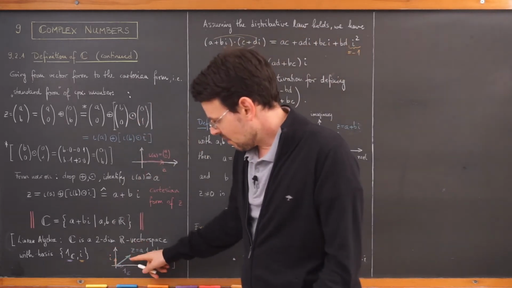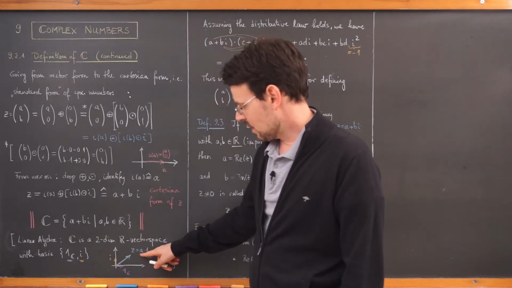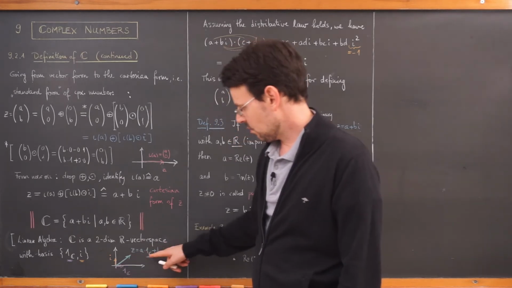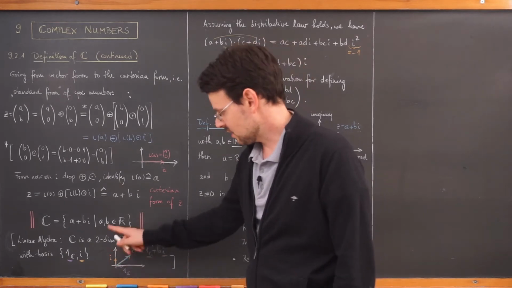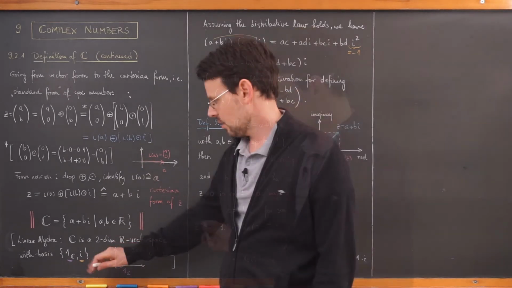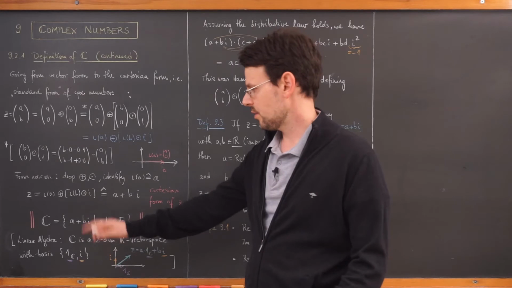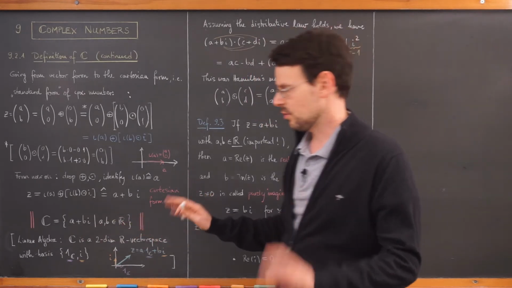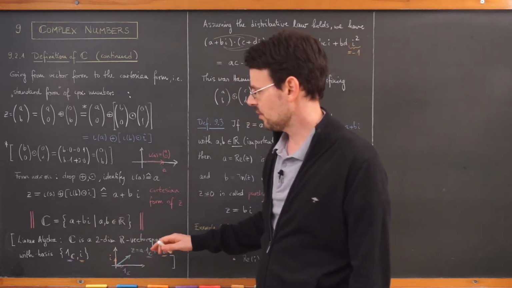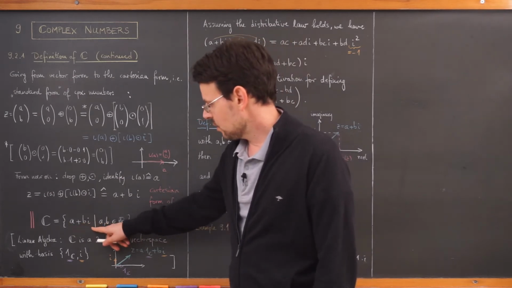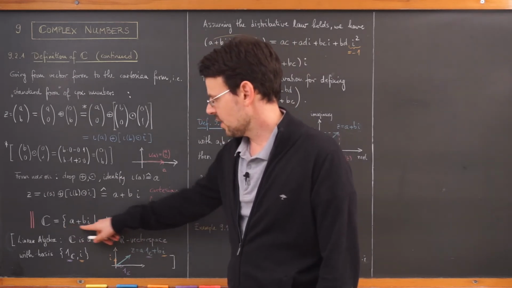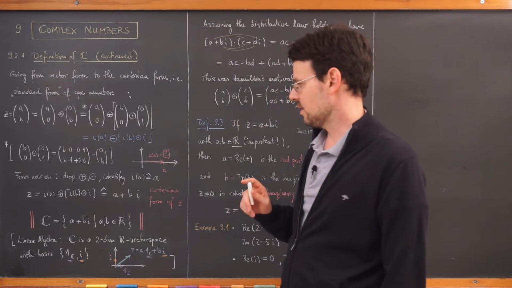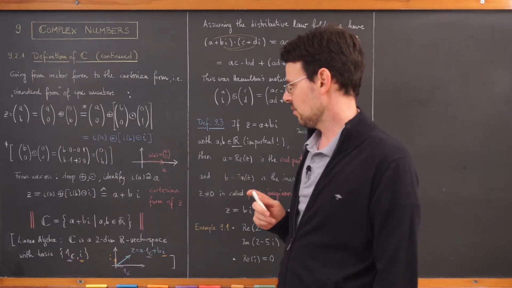And obviously every vector can be written as a real number times 1 plus a real number times the imaginary unit. If you've never heard of linear algebra, terms like vector space or basis, do not worry, it's not important for this chapter. You should simply realize that complex numbers can be written like this in Cartesian form or standard form.